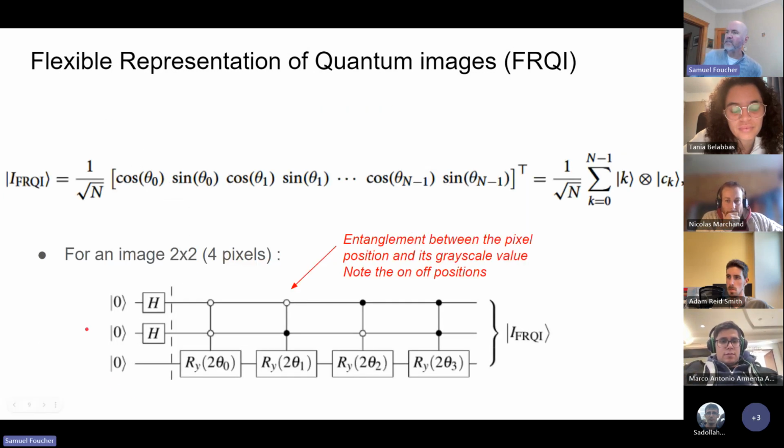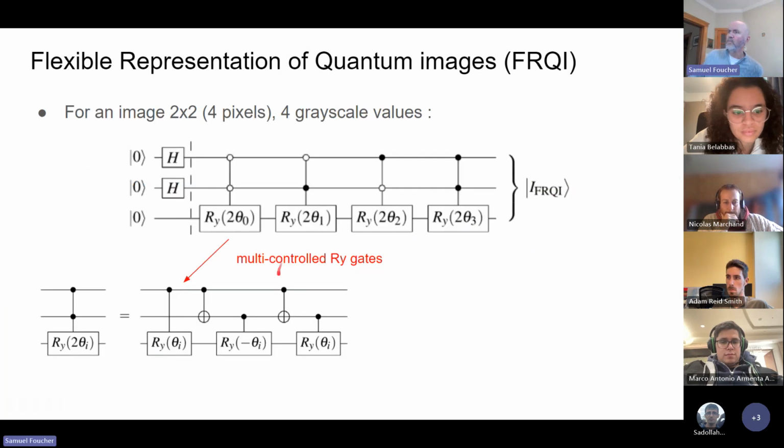So this thing here, it's called multi-control RY gates. So it's a rotation, but with CNOTs. So this is the case for just 2 qubits as a control. And you see that's where the factor 2 is added, because otherwise we'll have theta over 2 here instead.